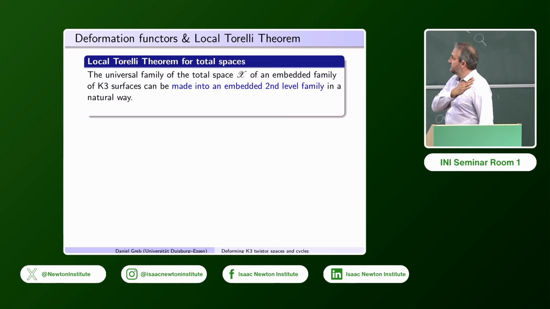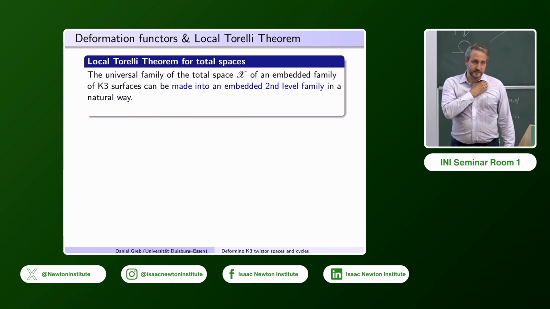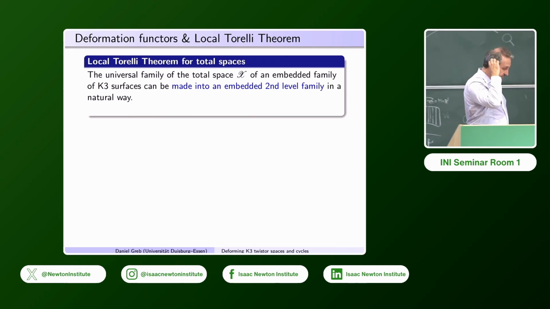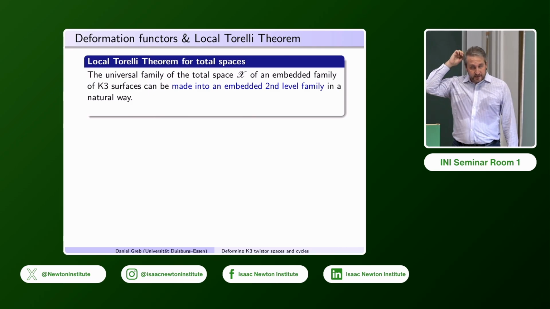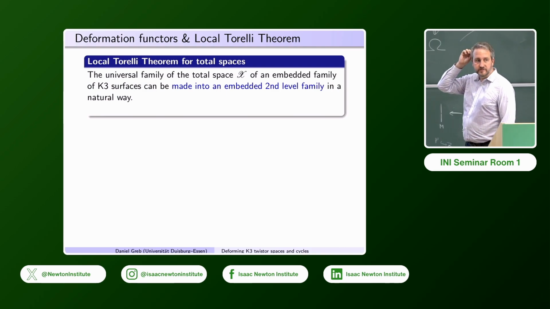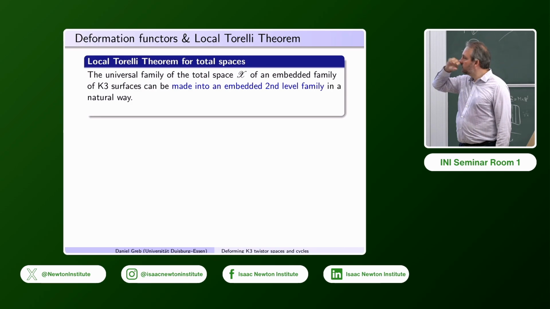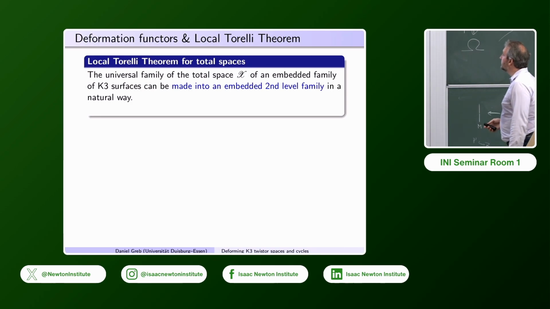Okay, and actually, there is a local Torelli theorem which tells us that the situation is as nice as for individual K3 surfaces, and it tells us that this observation about the dimension was not a coincidence. Actually, you use this theorem here to prove that these two dimensions are both 57.